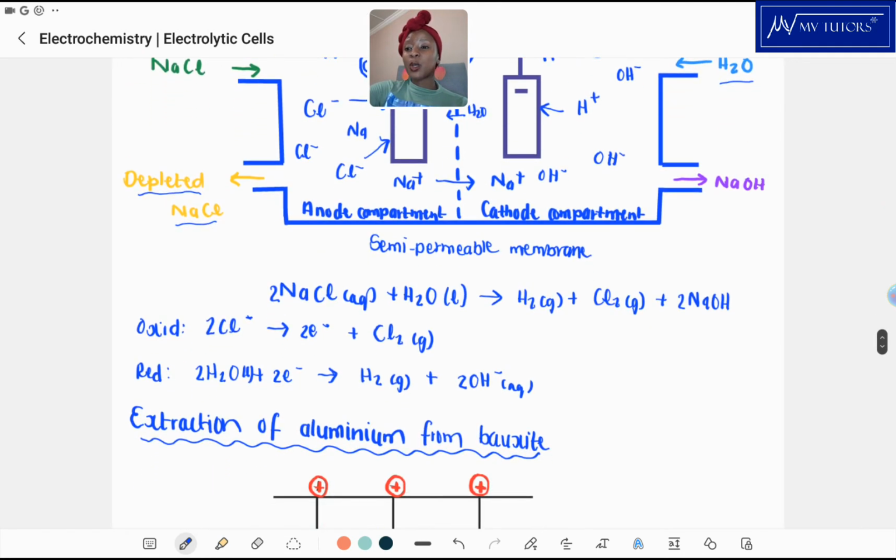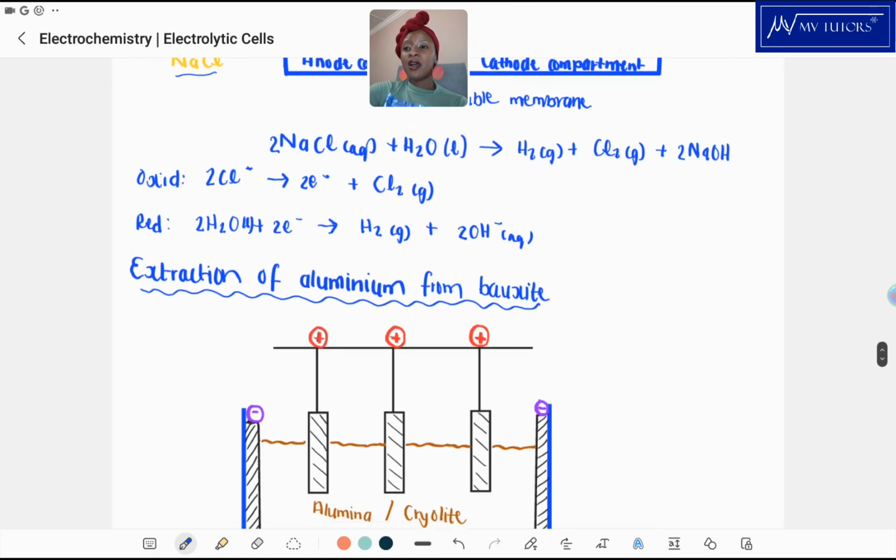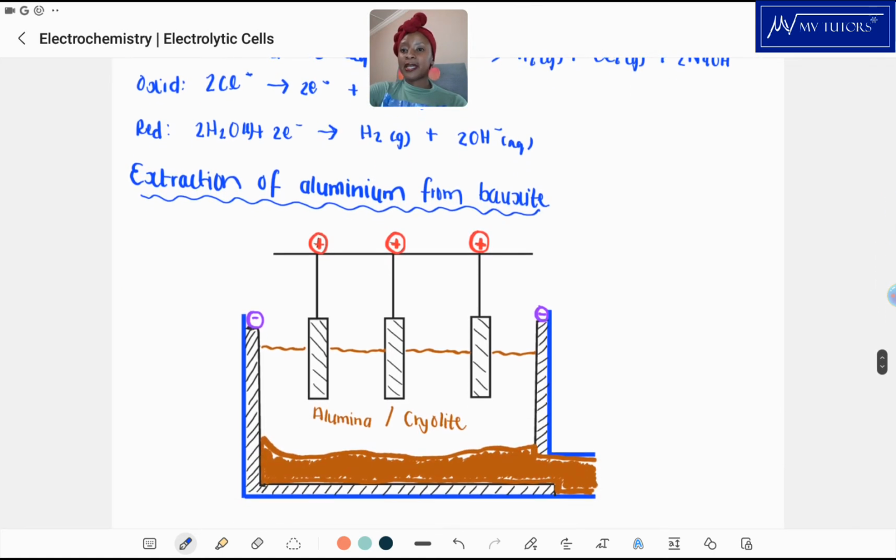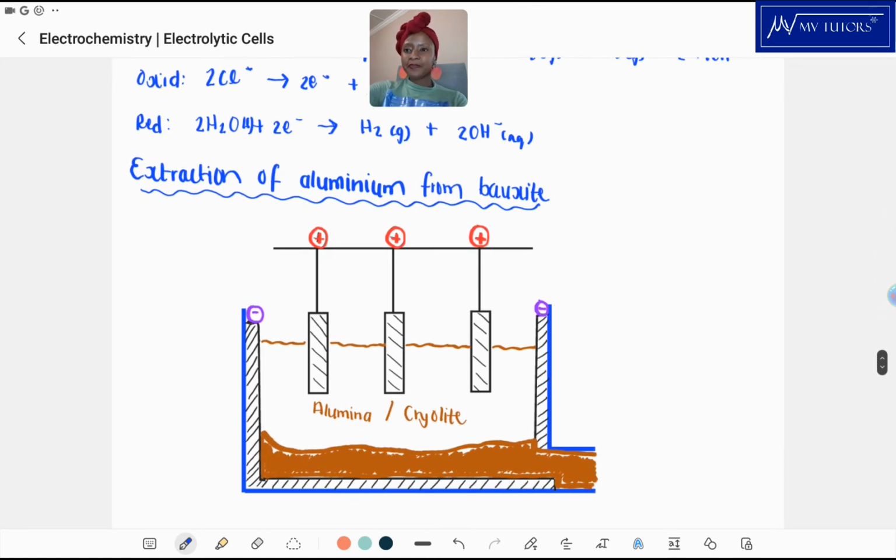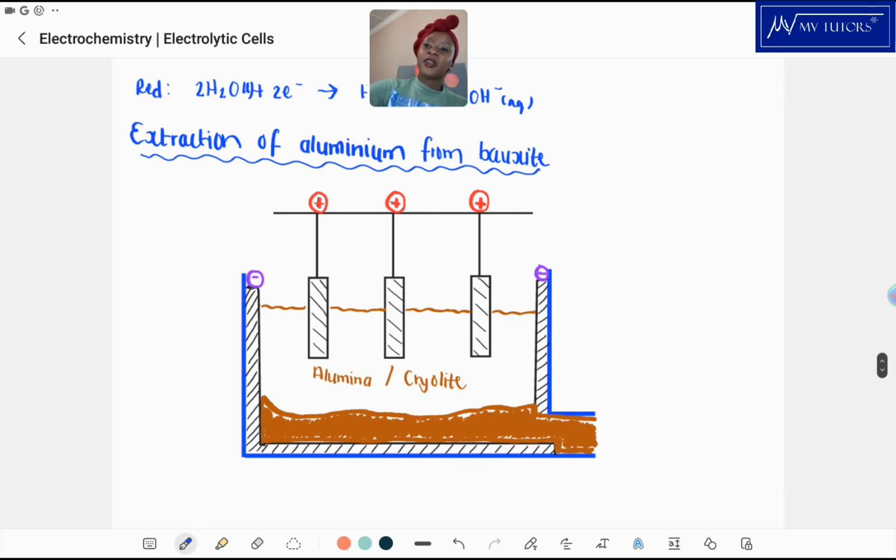And then we are going to look at the extraction of aluminium from bauxite. Okay, so basically what happens here, you have bauxite, which is, again, an impure substance which has aluminium in it.